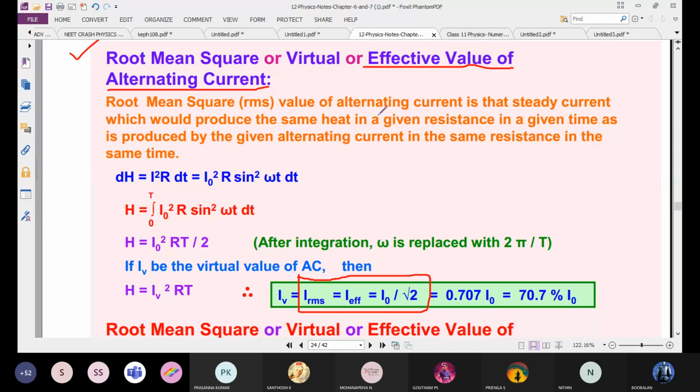The effective value is the steady current which will produce the same heat in a given resistance in a given time as the given alternating current. They are using the heat formula H is equal to I square R T, but no need for this calculation part. You can write the formula directly. So I RMS equal to I naught divided by root 2, and 1 by root 2 value is 0.707 I naught. In percentage, 70.7 percentage of I naught.